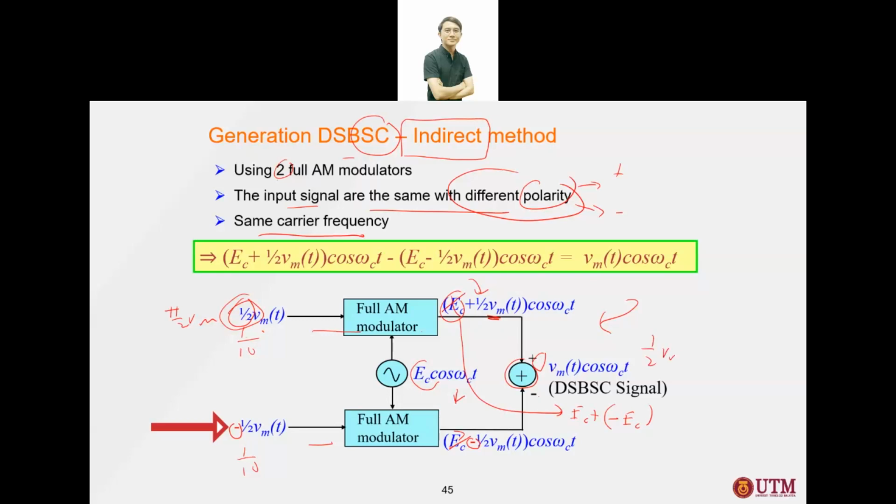Then we have half Vm, and the other half is minus, because it's minus here; half minus negative half. That's why you get just Vm(t).